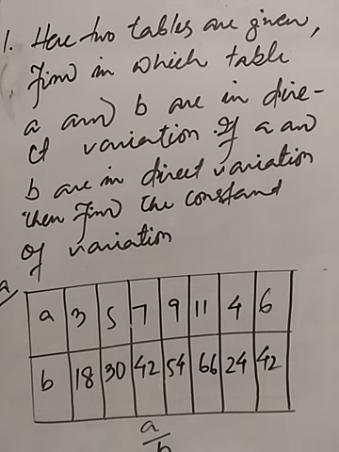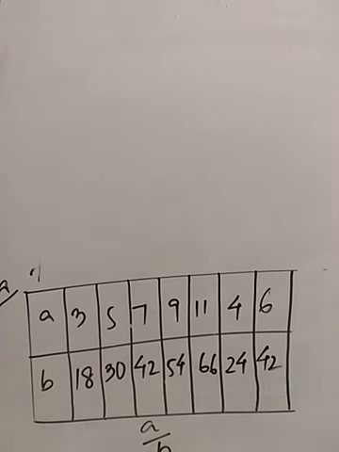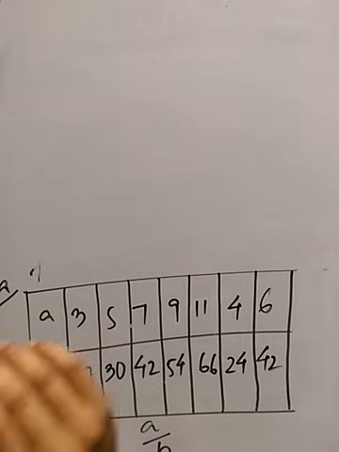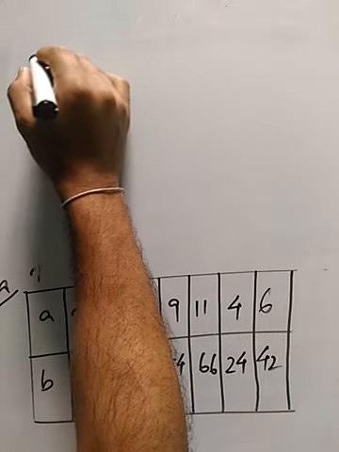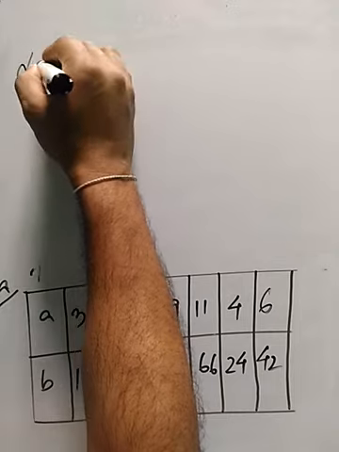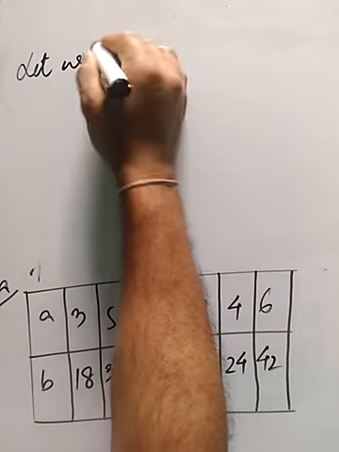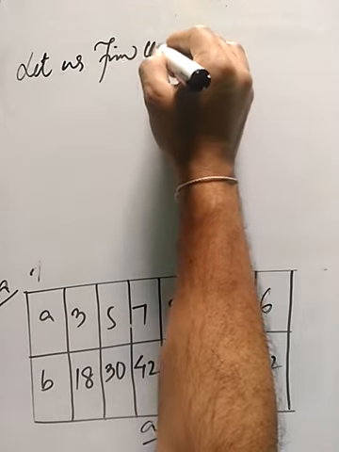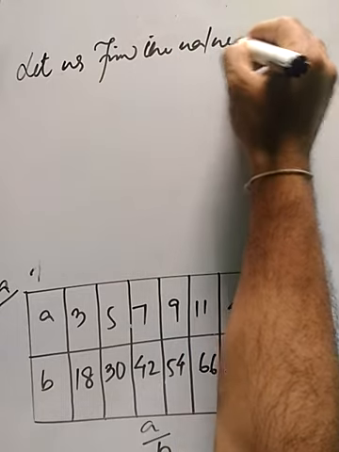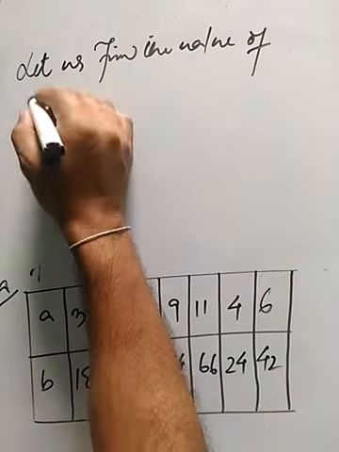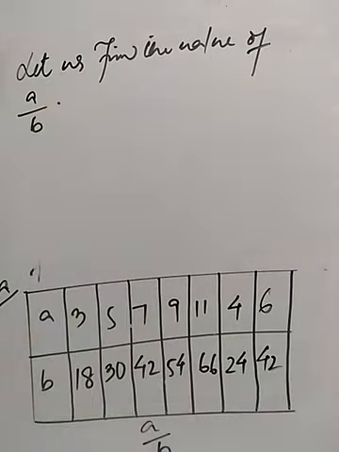So let's see. We'll solve now. I'll start the solution. Let us find the value of A by B. Therefore this is 3 by 18.